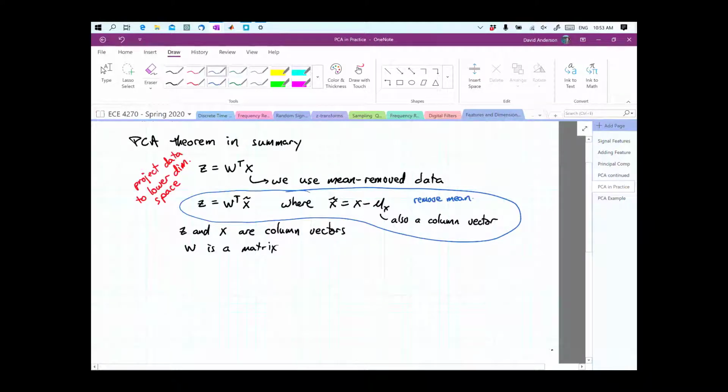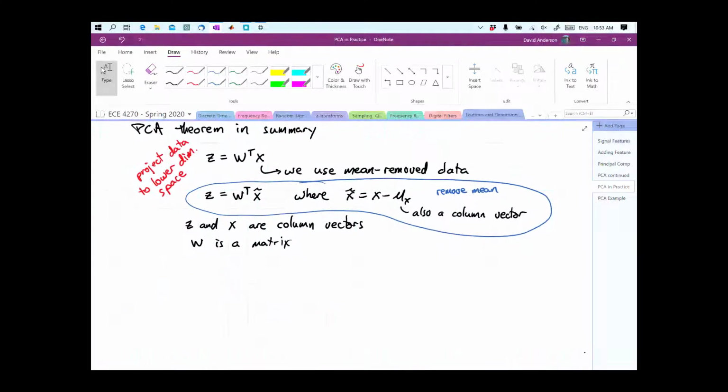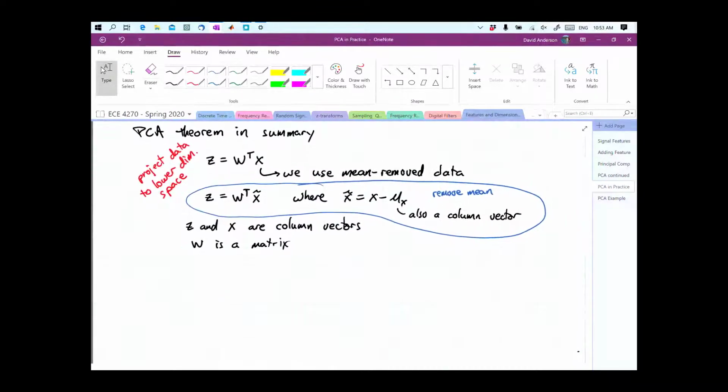Once we've done that, then everything can proceed as normal. It's important to know that anytime you have data that is not mean removed, just remove the mean and keep going. And then we make the assumption that we have zero mean data.